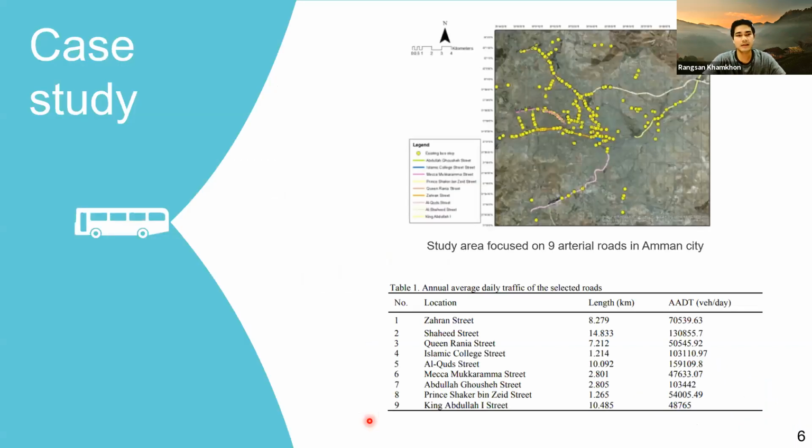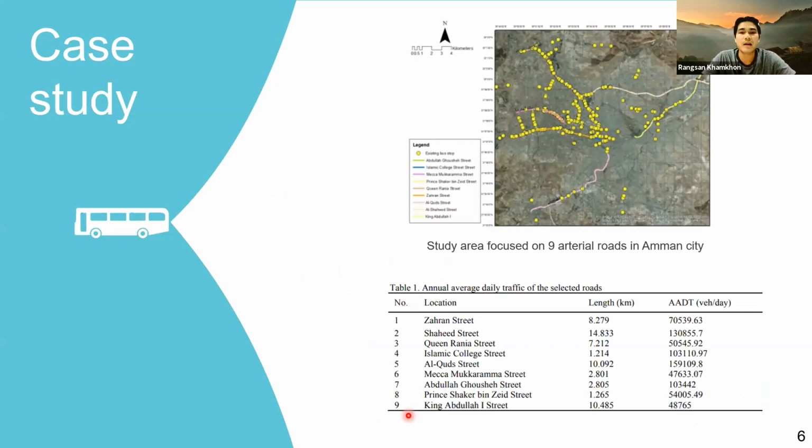Okay, next. This is the case study area. They focus on 9 main roads in Amman city in Jordan that have fully functioning bus routes and bus stops.